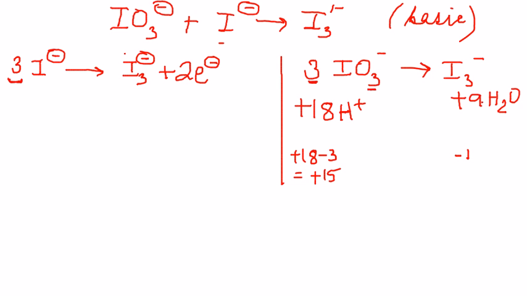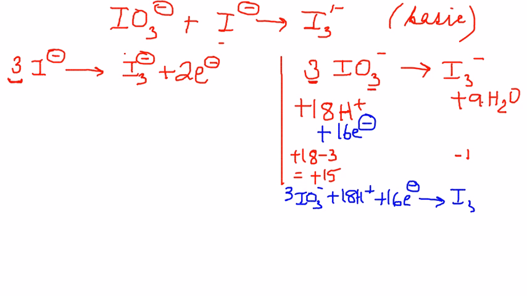That means if you add 16 electrons on the left hand side, essentially the charge is going to get balanced. So your equation will start looking like 3 IO3 negative plus 18 protons plus 16 electrons gives you I3 negative plus 9 H2O.